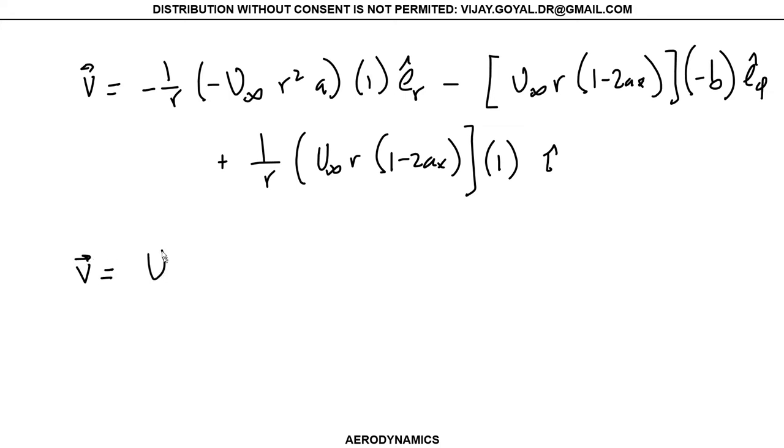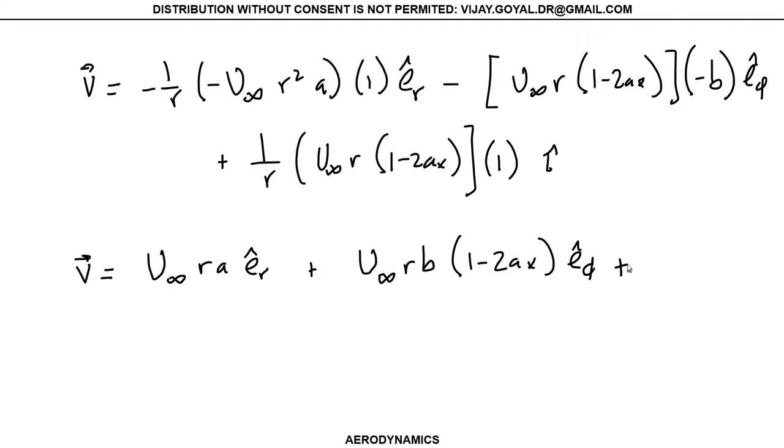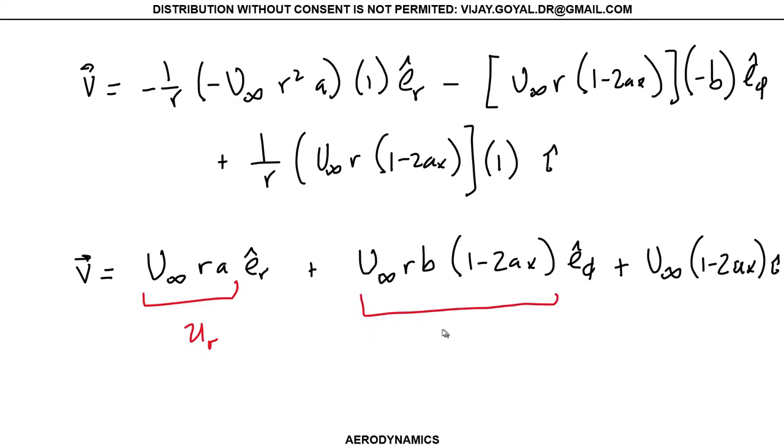It's equal to u infinite r a e r plus u infinite r b 1 minus 2 times ax e phi plus u infinite 1 minus 2a x I. So by looking at the problem, this is your UR, this is U phi, and this is UX.